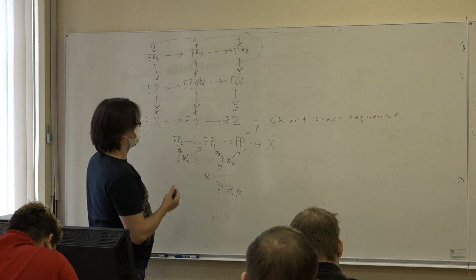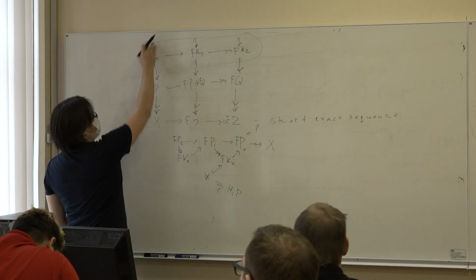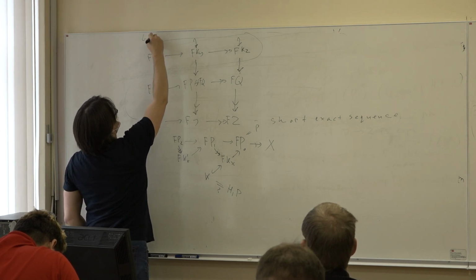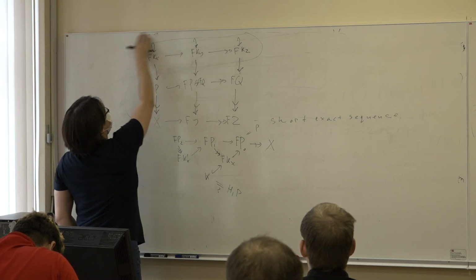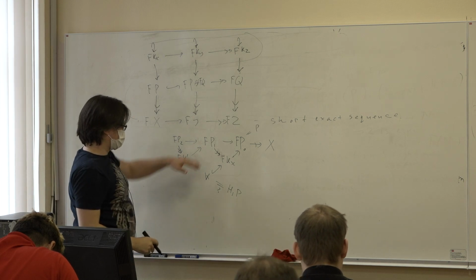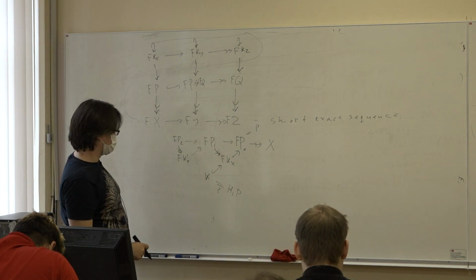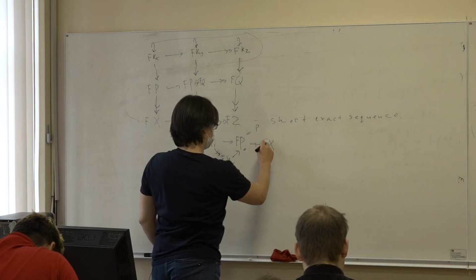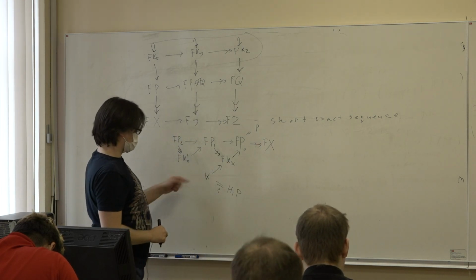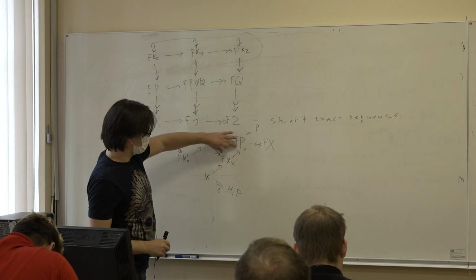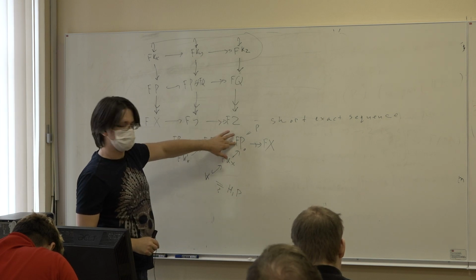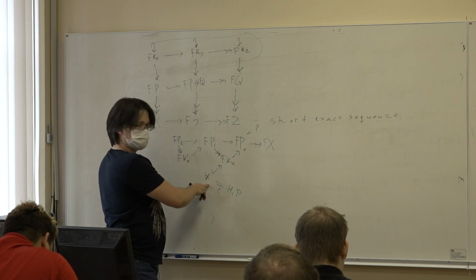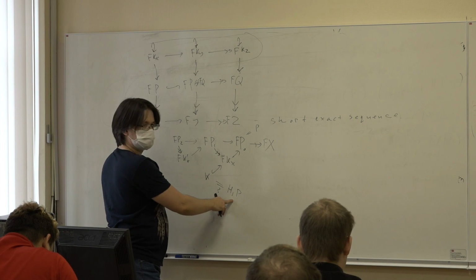So you have to understand that, for example, here it is L1 f of x. And to understand this, we have drawn this. And we want to understand that the kernel of this map from fkx to fp0, where p0 is the same thing as p, is exactly h1p.